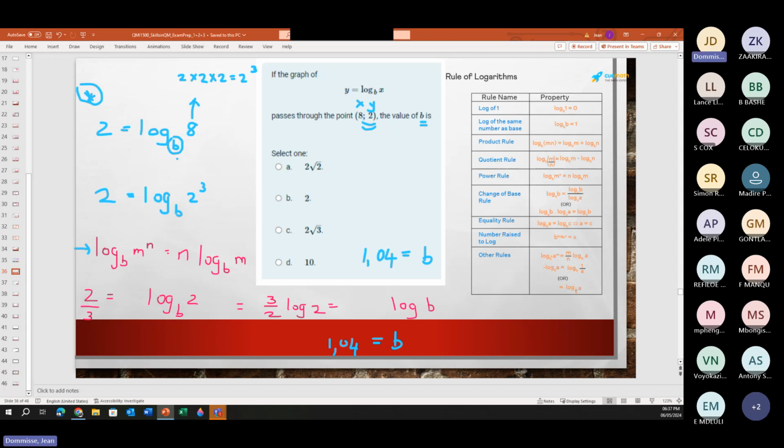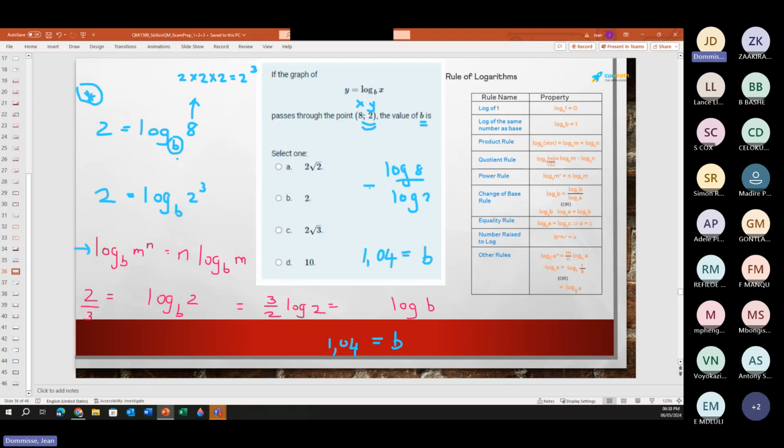So even if we say log 8 divided by log 2, okay, so it could have been, that should have been 3.